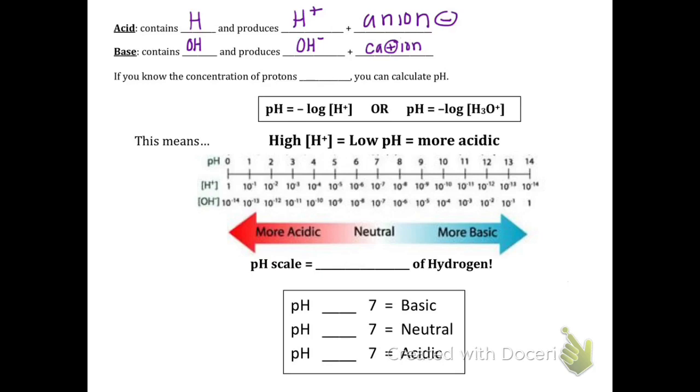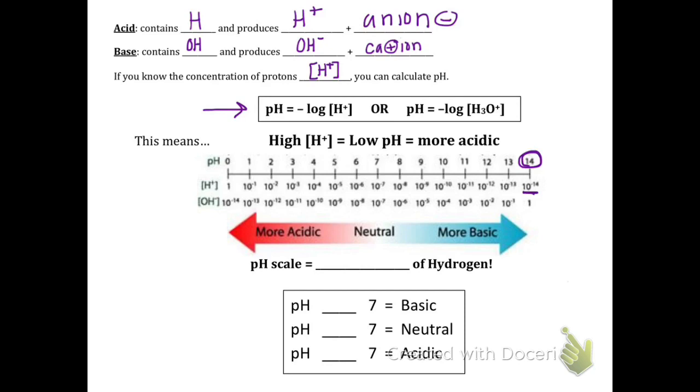Now, if you know the concentration of protons, your hydrogen ions, then you can calculate pH. So these are the equations to calculate pH. Here, if you have a high pH, that means you will have a very low concentration of hydrogens.